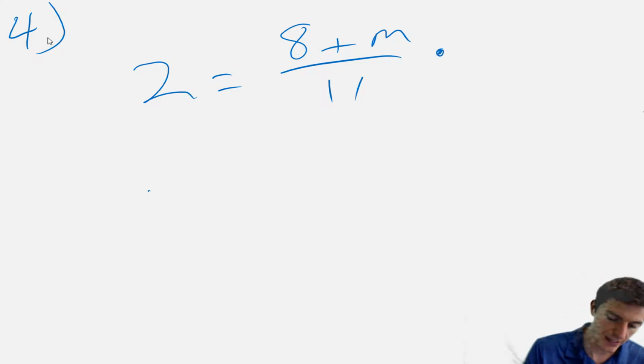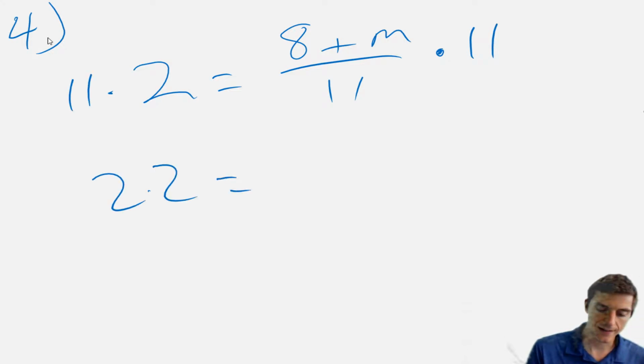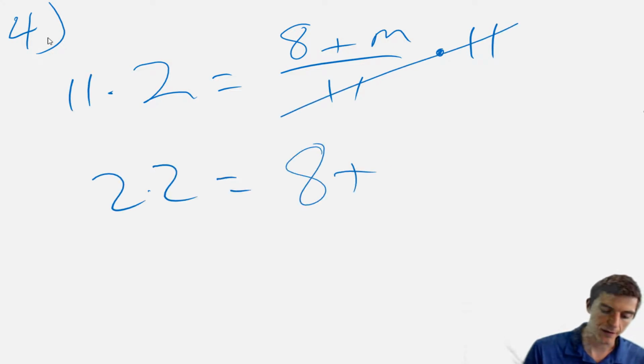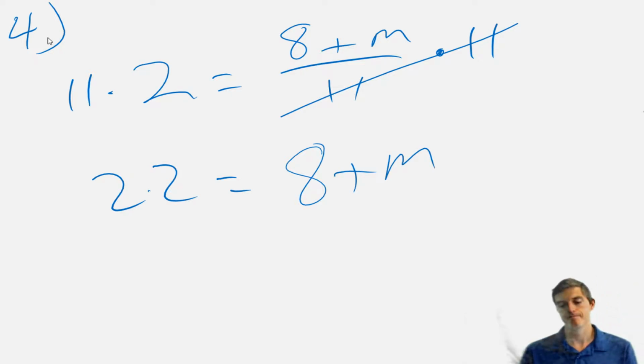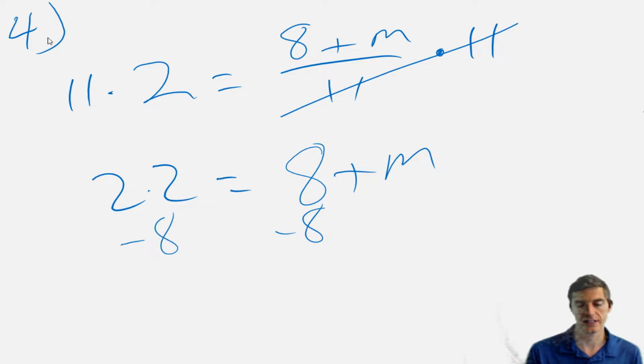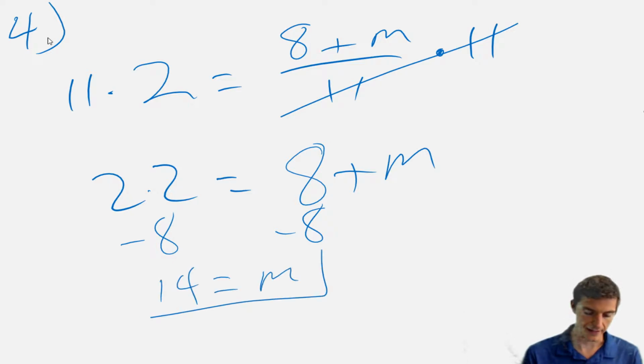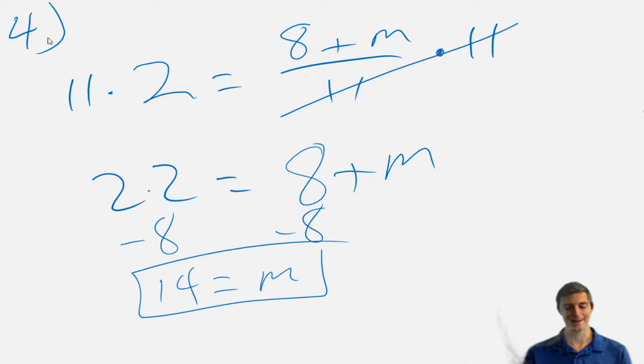So the first thing I need to do is multiply both sides by 11, and that's going to cancel that whole thing out for me. And now I can subtract 8. So if the whole side's divided by something, you can get rid of that in one step. 22 minus 8 is 14. So that's how you do number 4.